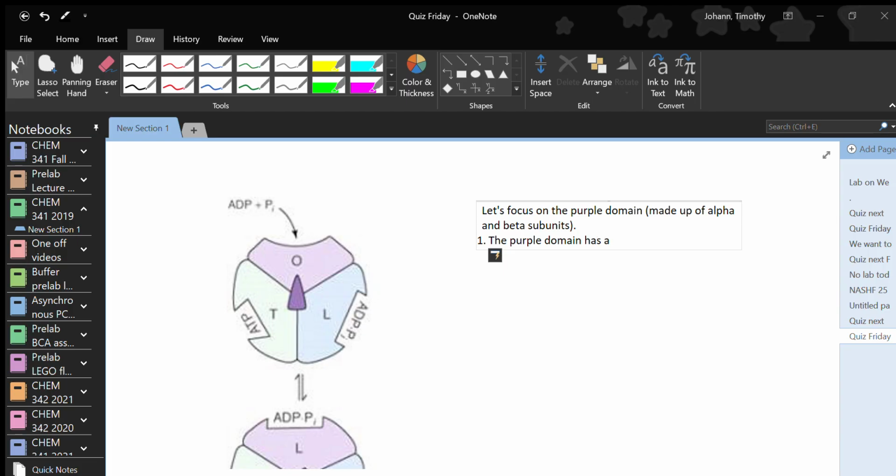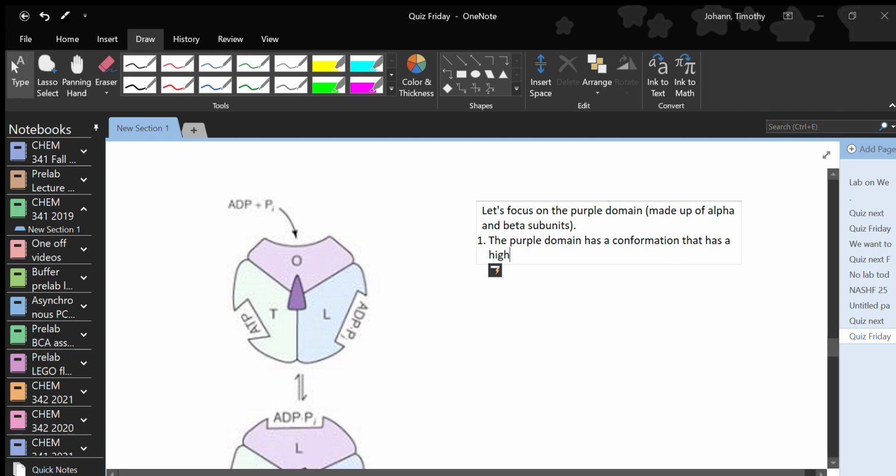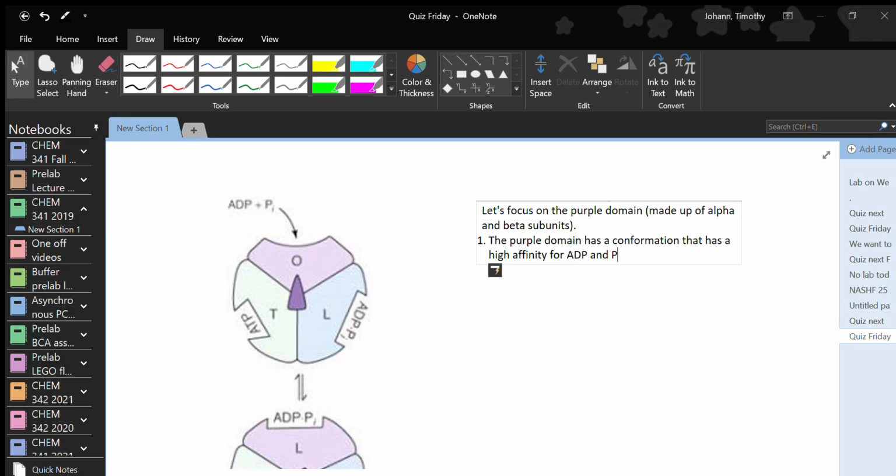The domain has a conformation. We're going to start right here by this top one. That has a high affinity for ADP and phosphate. Okay, so that's this one right here.